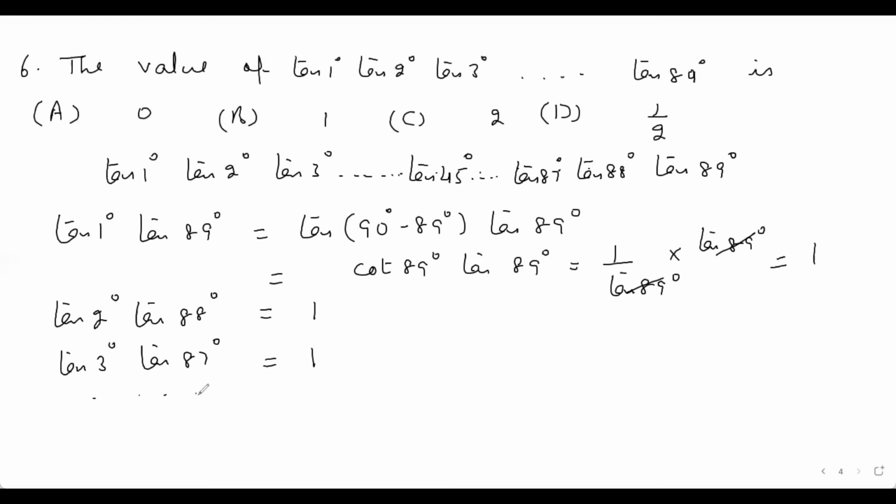And so on. And tan 45 degree, which comes in between, is equal to 1. So what we are going to have is 1 into 1 into 1, and so on. The answer will come out to be 1. So B is the option.